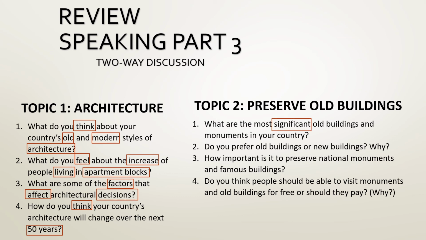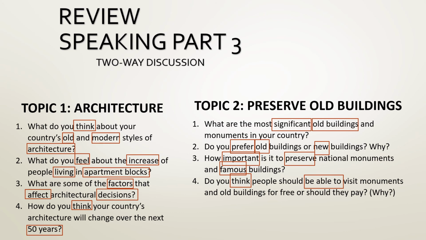Now the same thing goes to topic 2, preserving old buildings. So again, we must first and foremost try to search for possible synonyms of these underlined keywords and phrases here. And after that, we practice paraphrasing. And if we can effectively paraphrase the question, then after that we have to practice giving the right answer.